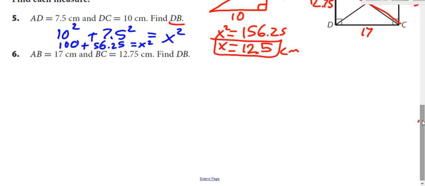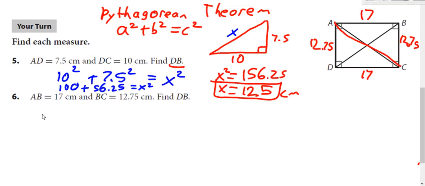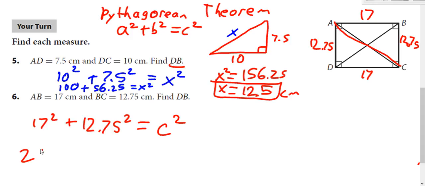So that's another Pythagorean theorem. A squared, so 17 squared plus B squared, which is 12.75 squared, equals C squared, or X squared if you want. 17 squared is 289. 12.75 squared is 162.5625.